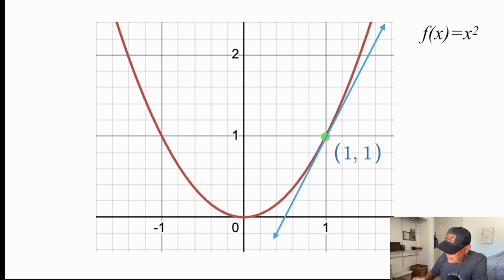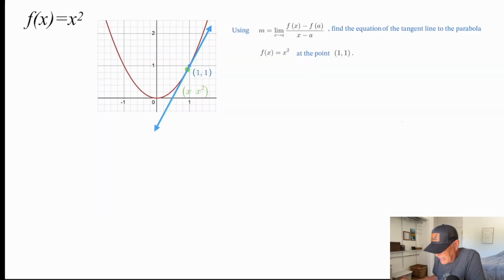So let's take a look at the problem again. Now note that we have the fixed point 1, 1, and we have this variable point x comma x squared. So I can find the slope between those 2 points. Change in y would be x squared minus 1, and the change in x would be x minus 1, rise over run.